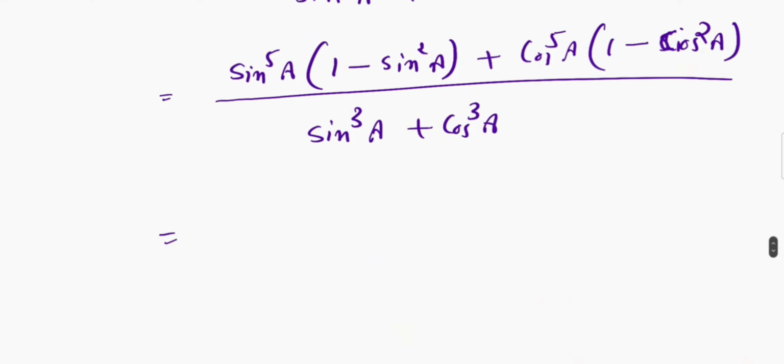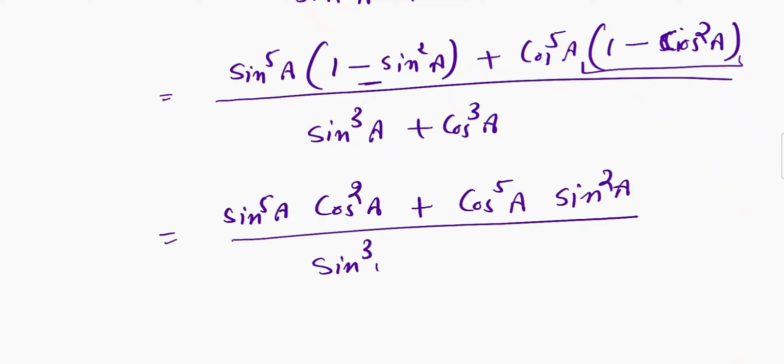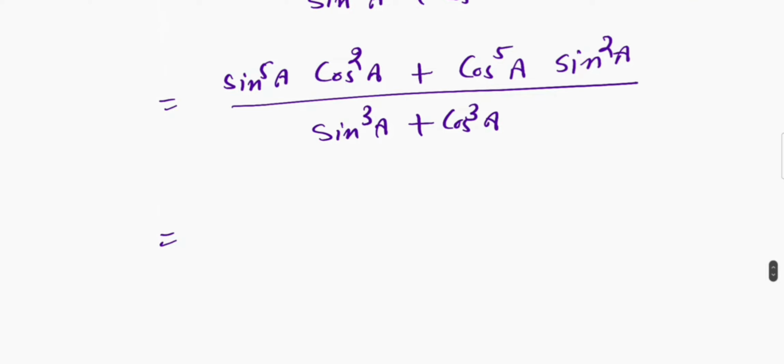So next we'll put this value. We know what is this. What is 1 minus sin square A? This is equal to cos square A. So we get sin raised to power 5A times cos square A plus cos raised to power 5A times sin square A, divided by sin raised to power 3A plus cos raised to power 3A. Then see here also, from these two terms I can take sin square A and cos square A out.